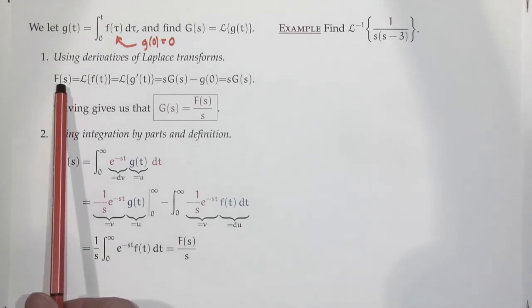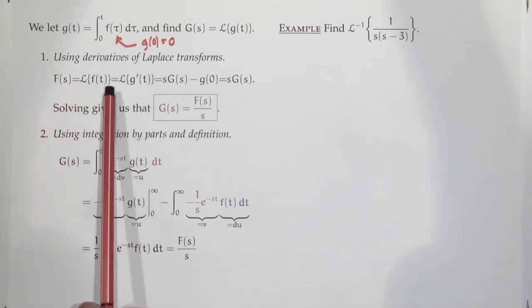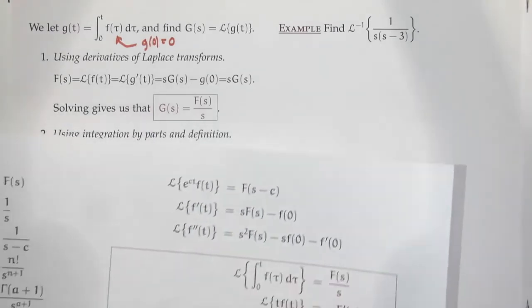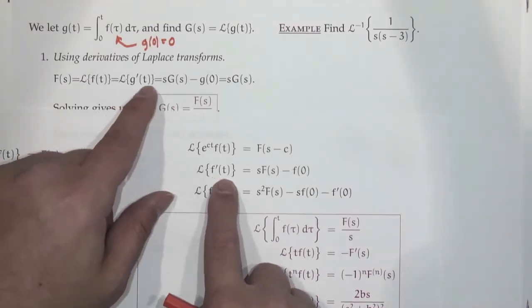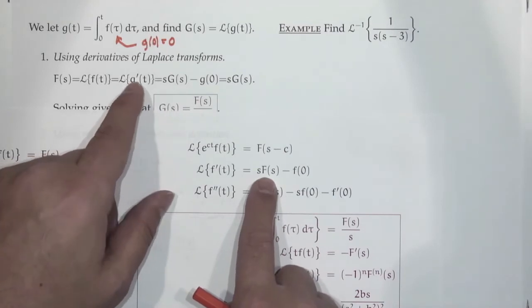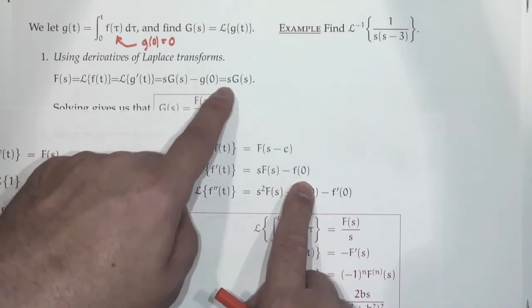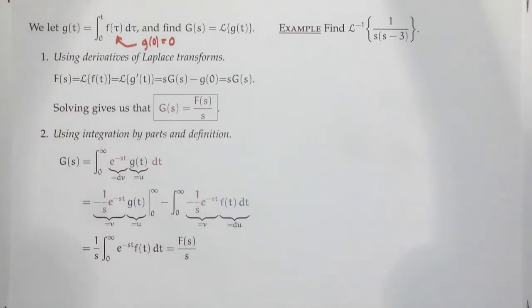So if we take the Laplace transform of f, we have a name for that, that's capital F. And since f is equal to g prime, that's the Laplace transform of g prime. And then we say, wait, hold on. We know how to take the Laplace transform of derivatives. So that would be s G of s, because here our function is g, minus g of 0. But we know g of 0 is 0. So that's s times G of s. And therefore, just dividing, that says that G of s is F of s over s.